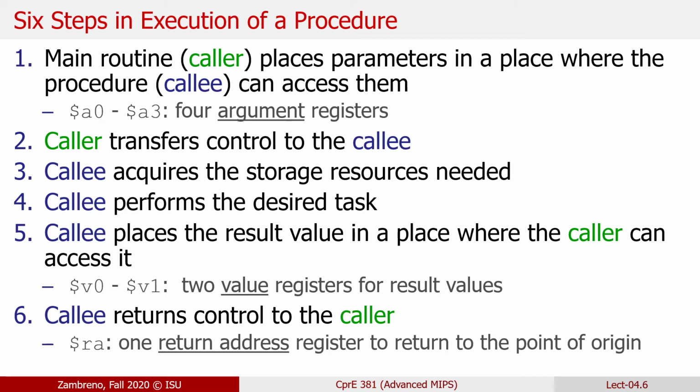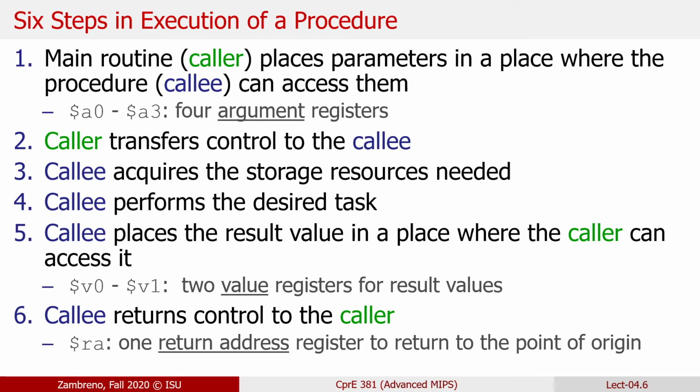So caller calls the callee. That's step one. Whatever number of arguments, if it's between 0 and 4, you can use those 4 registers of the 32. That's just our human readable label for those registers to allow us to pass input arguments to a function call. Then there's an instruction that allows us to transfer control directly from the caller to the callee function. We'll talk about that.